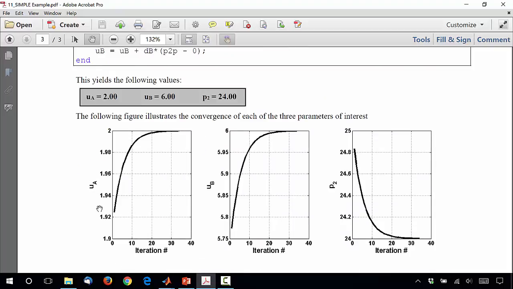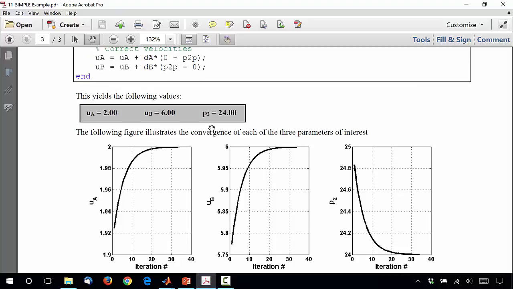So this is sort of like the convergence of these two velocities and then the pressure at the location specified previously. So if we go through enough iterations, in this case less than 40, we find velocities of 2 and 6 and a pressure of 24.